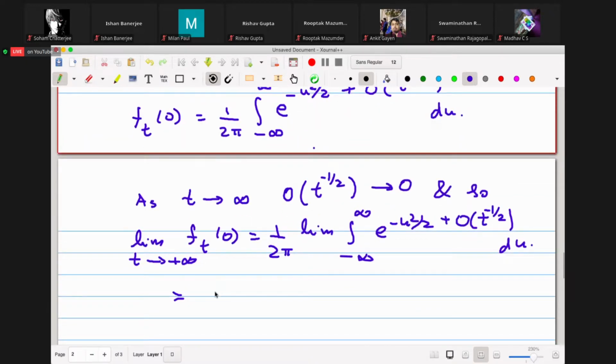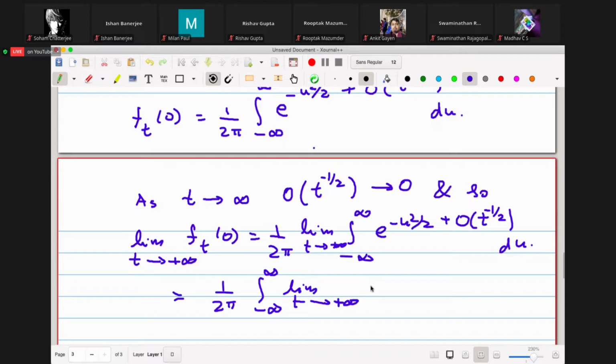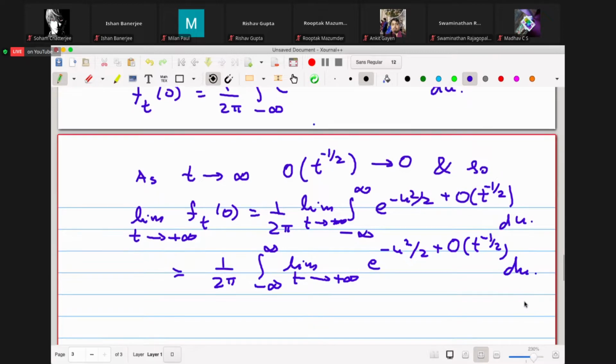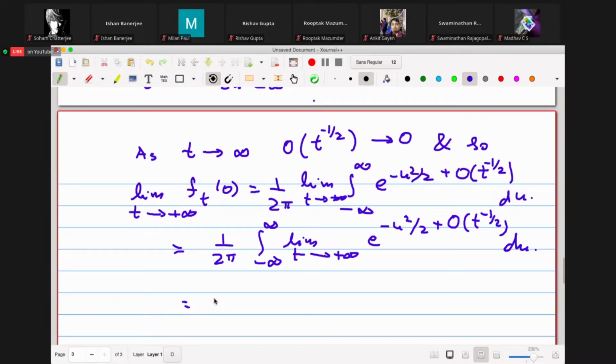And so I can take the limit 1 by 2 pi. The limit can be taken inside the integral from minus infinity to infinity, limit t goes to infinity, of e power minus u square by 2 plus o of t power minus half du. And this becomes equal to 1 by 2 pi integral minus infinity to infinity e power minus u square by 2 du.